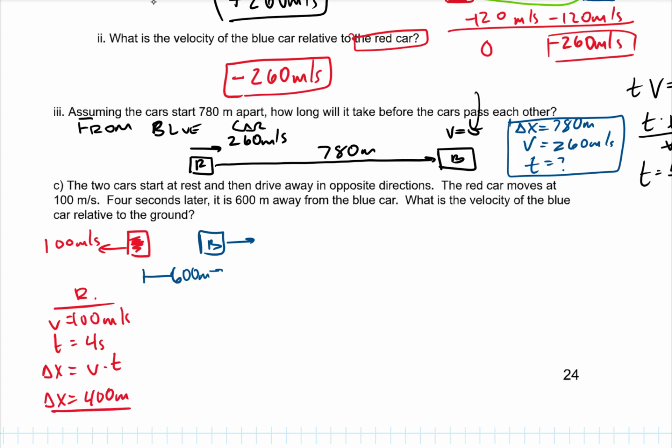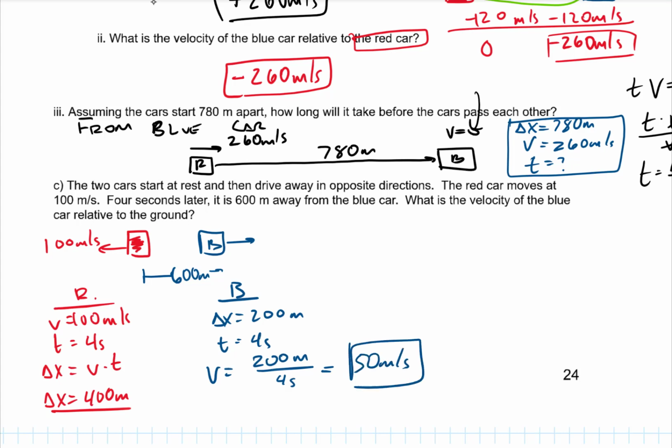But they're 600 meters apart. So if they're 600 meters apart, that means the blue car had to travel a distance of 200 meters in a time of 4 seconds. So the velocity of the blue car is 200 meters divided by 4 seconds, or 50 meters per second.